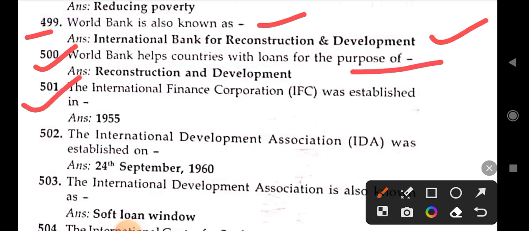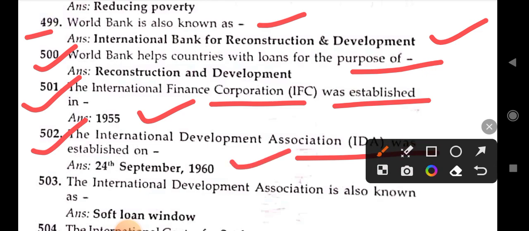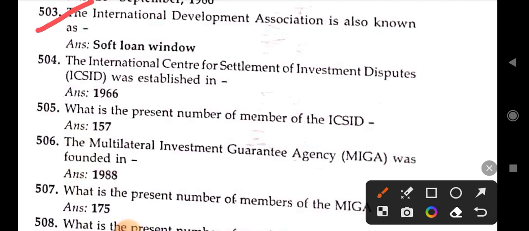The International Finance Corporation (IFC) was established in 1955. The International Development Association (IDA) was established on 24th September 1960. Next, the International Development Association is also known as the Soft Loan Window.